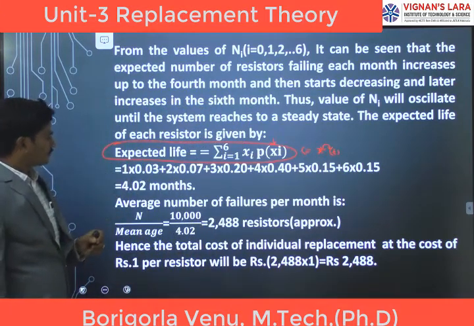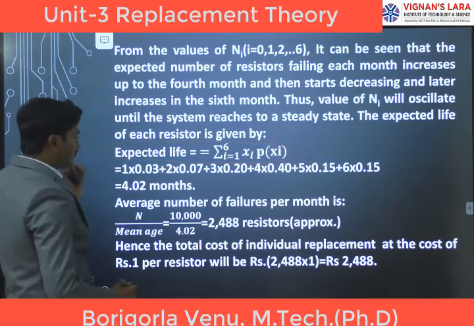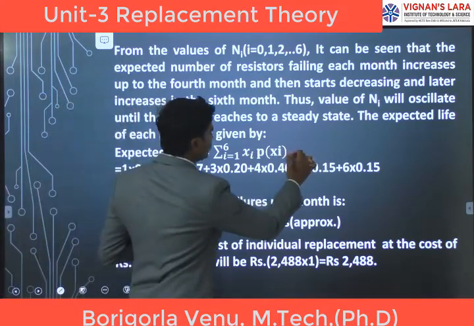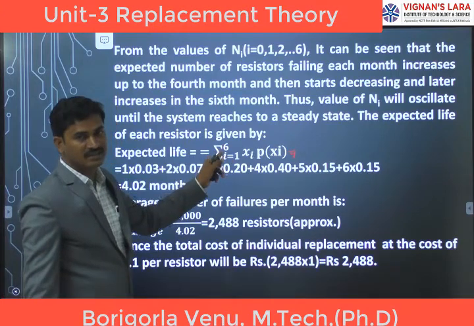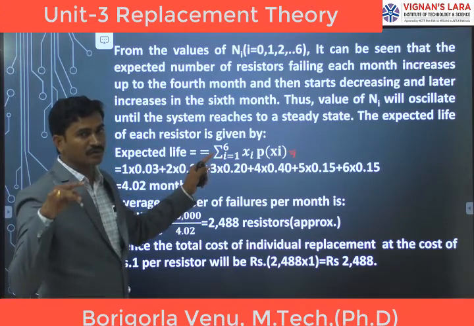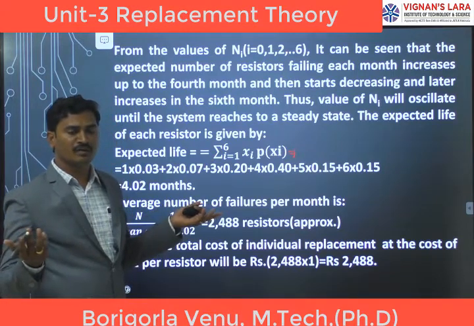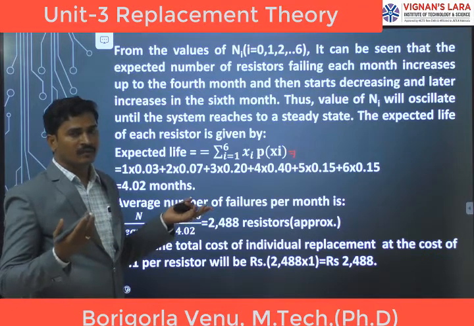Here I would like to expand this equation first, then I am going to substitute the values. Suppose we expand this, how many months are there? i equal to 1 to 6 months. At the starting month, the 0th month, we didn't consider it, because if we multiply anything with 0 we ultimately get 0.